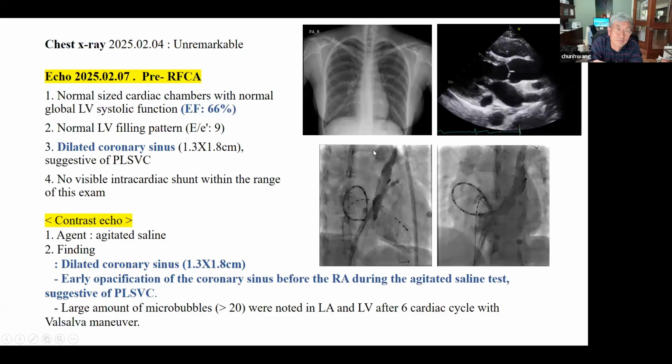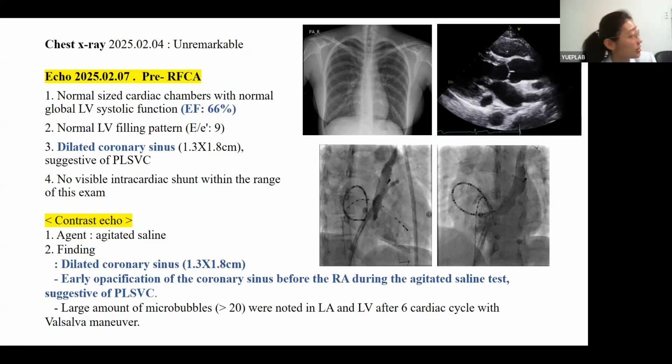The patient's test results: chest X-ray was unremarkable, and pre-RFA echo showed a normal left ventricular ejection fraction of 66%. Also, the TTE showed a dilated coronary sinus, raising suspicion of persistent left SVC, and agitated saline contrast study confirmed the diagnosis of persistent left SVC.